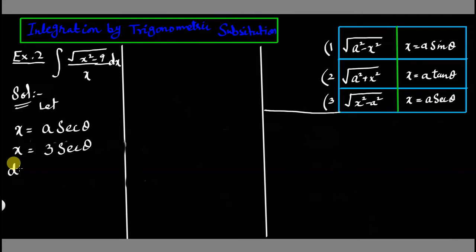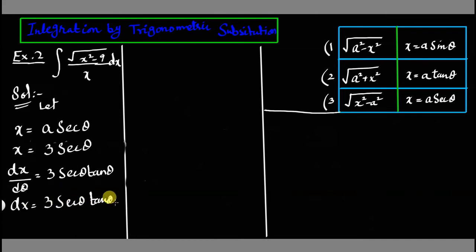By differentiating with respect to theta, what will you get? You will get 3 secant theta into tangent theta. It is the derivative of secant theta. And then finally you will get the value of dx, that will be 3 secant theta tangent theta d theta. Now substitute all the values in the given question.